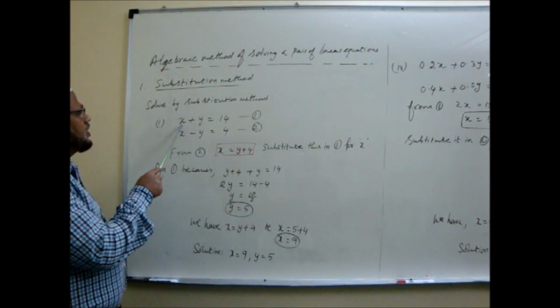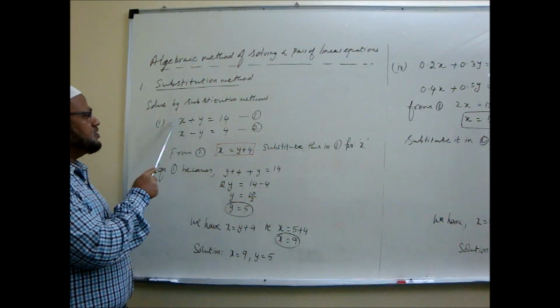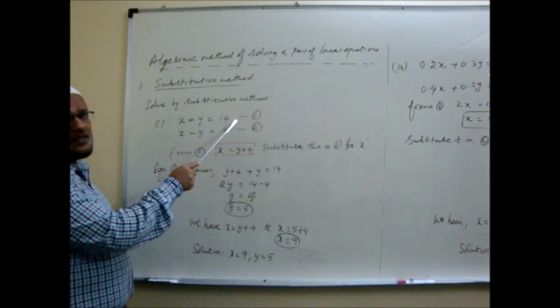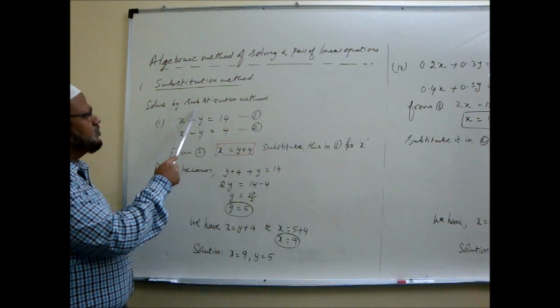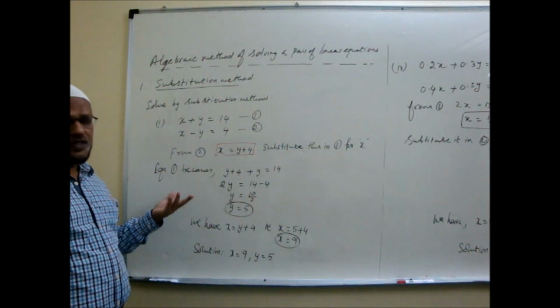For example, from the first equation, I can write x in terms of y. How do I write it? X is equal to 14 minus y, transposing this y here. Or y I can write as 14 minus x, transposing x to the other side. Any one of the equations you can choose.